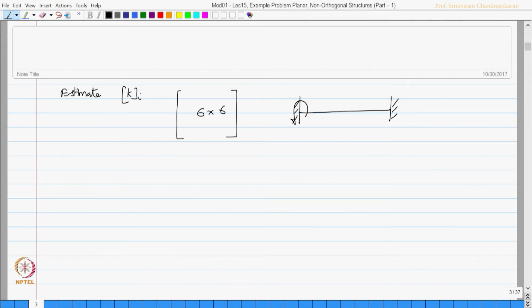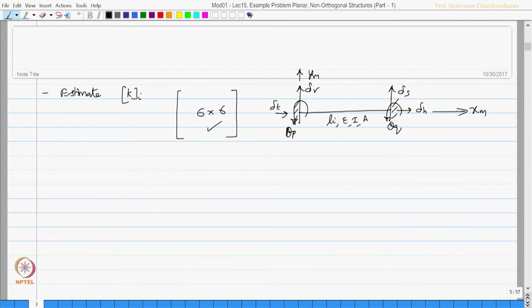We know that this is going to be theta p, theta q, delta r, delta s, delta t and delta h, where this is my xm axis, this is my ym axis of the member. The member has length Li, E, I and A. So, we already derived the 6 by 6 matrix of each member. So, estimate this for each member.